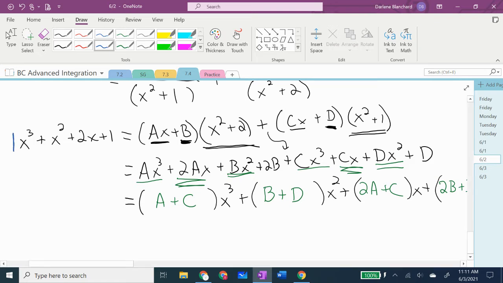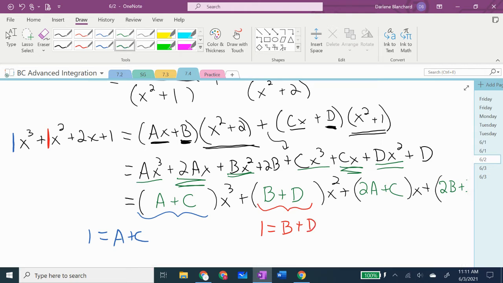And now the coefficient of x cubed on the left side is 1, and it must be equal to the coefficient of x cubed on the right side, which is a plus c. Next, the coefficient for x squared on the left is 1. On the right, the coefficient for x squared is b plus d, so 1 must equal b plus d.